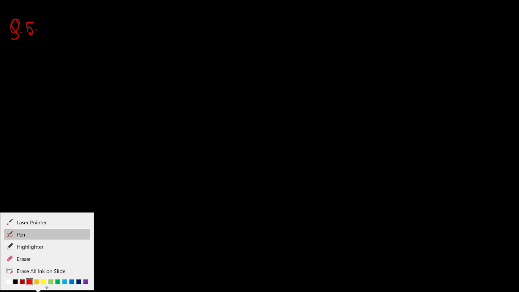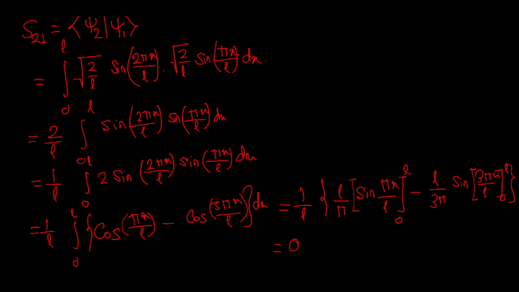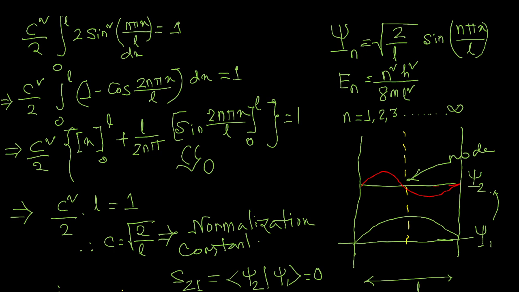Then question number 5. Now we have to hurry up, otherwise it will not be finished within time. Sir, what will be the overlap between state 1 and 3? What will be the overlap in a 1D box between states 1 and 3? It should be non-zero. Just check it using this equation, because psi 3 will be like this.